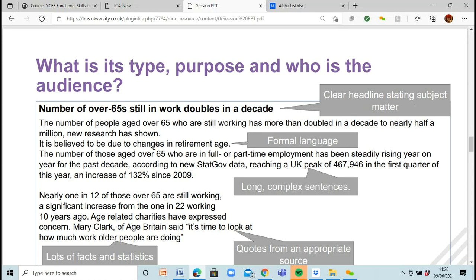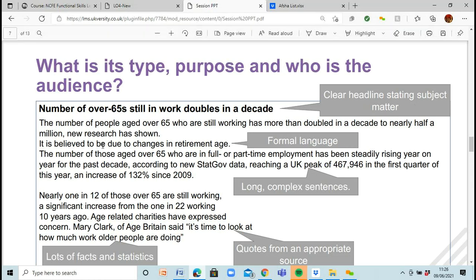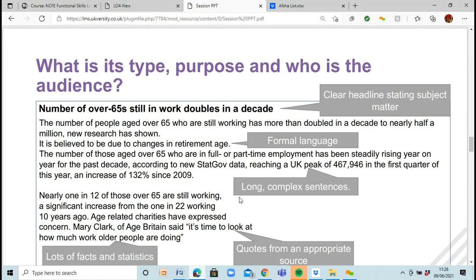This is formal language, especially when it says "it is believed." Then the number of those aged over 65 who are in full or part-time employment has been steadily rising year on year for the past decade. According to the new StatGov data, reaching a UK peak of 467,946 in the first quarter of this year, it has increased by 132% since 2009.